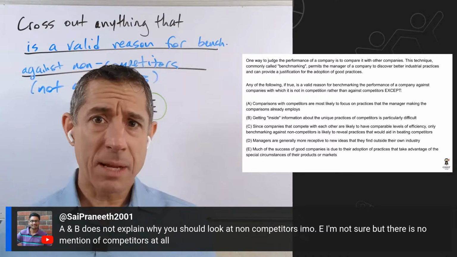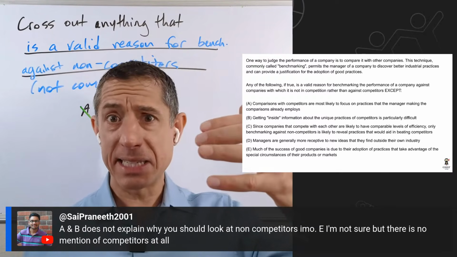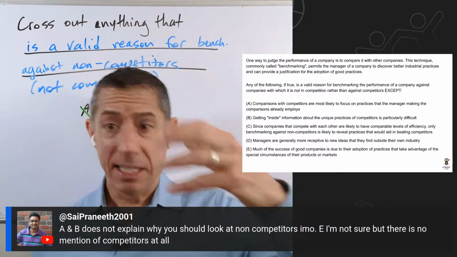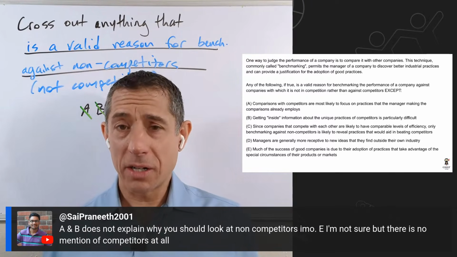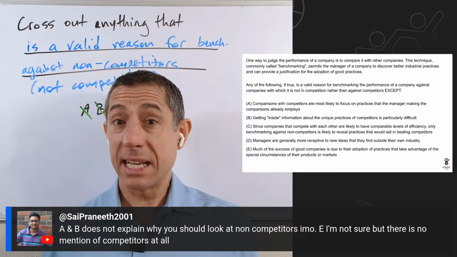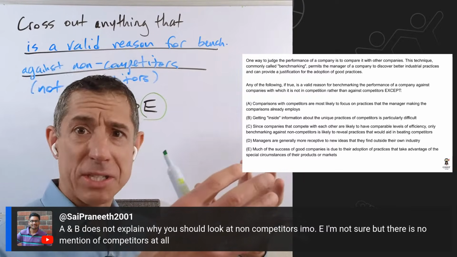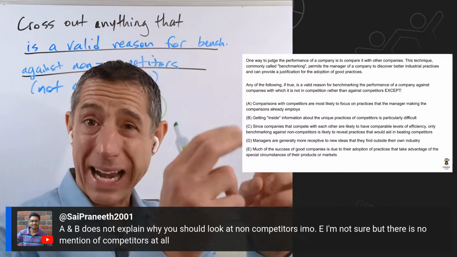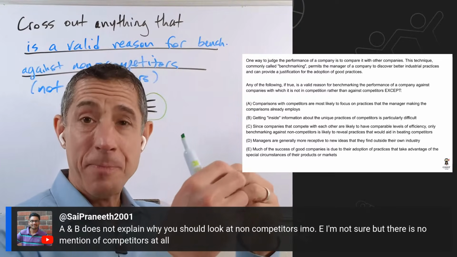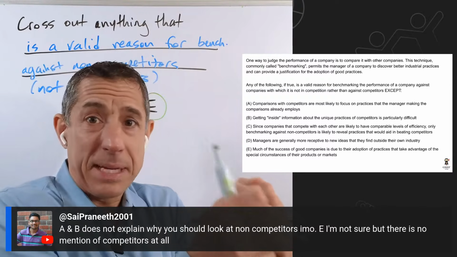I think we actually have a whole video in our free course about word matching, which basically says, in this case, it might be, I'm looking for the word non-competitor in all of my answer choices. If I don't see it, it must be irrelevant. Be really, really careful. And again, other questions do a better job of disguising that sort of thing or giving the opportunity to make that match when it's superficial. But I always want you to think, I don't want you to think, hey, does this element appear?